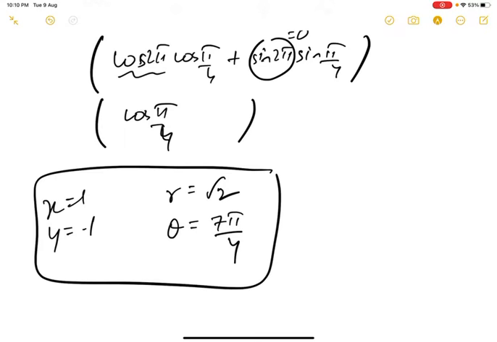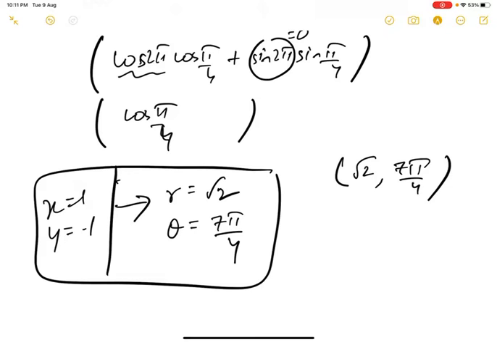So I have converted my Cartesian coordinates to polar coordinates. So my polar coordinates are r is root 2, theta is 7 pi by 4. So my 1 comma minus 1 has been converted to root 2 comma 7 pi by 4.